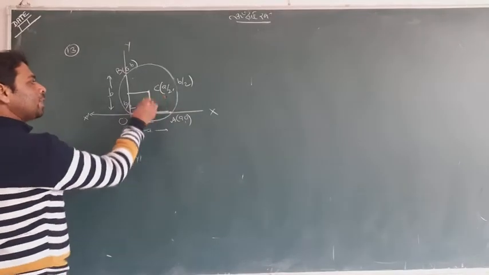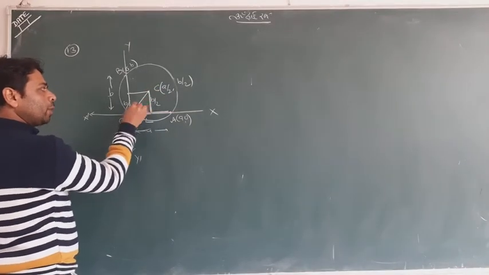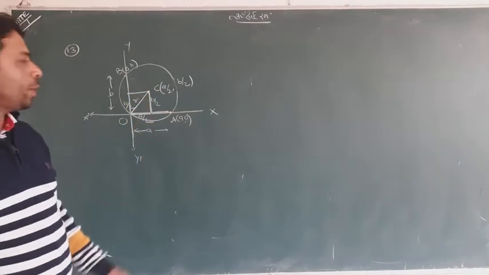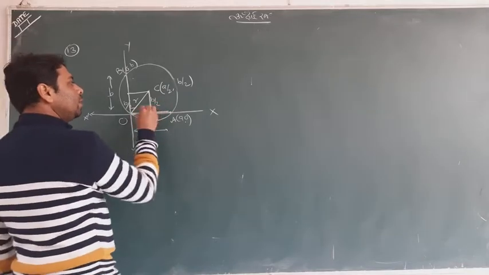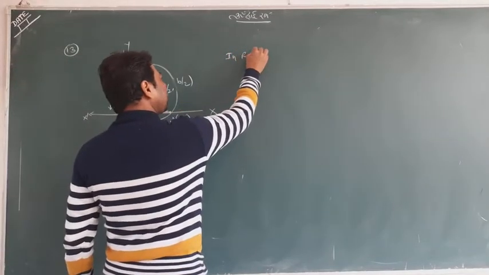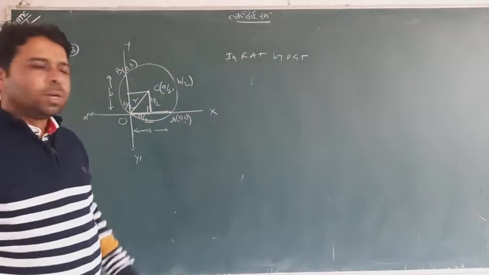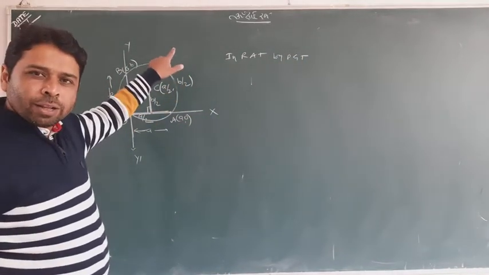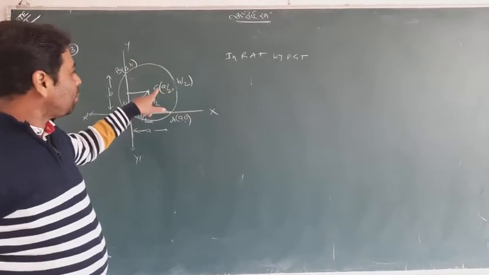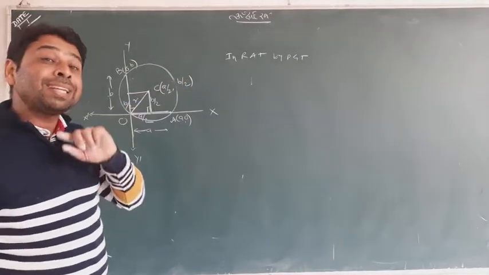And about the radius, this is the radius. You can find the radius in the right angle triangle by Pythagoras theorem. What I am trying to tell you is that we have to find the equation of the circle. I found the center and now I am finding the radius.